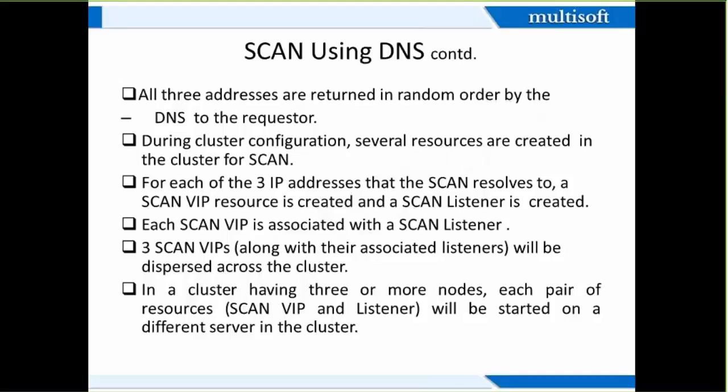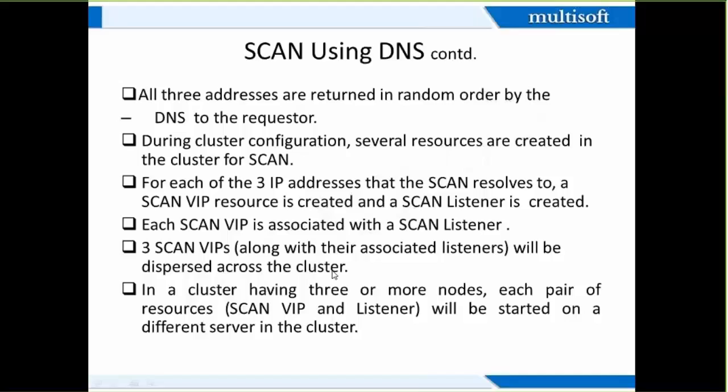These are virtual IPs resolved by the DNS, SCAN VIPs, and each SCAN VIP resource will contain a SCAN listener. That means if three SCAN VIPs are running on three nodes, all these three nodes will contain three SCAN listeners. So the fourth point is each SCAN VIP is associated with a SCAN listener.